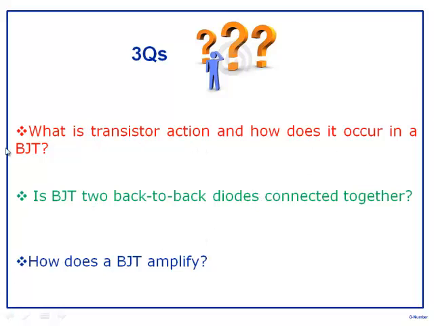Henceforth, I will simply call the bipolar junction transistor a BJT. A BJT is called bipolar junction because there are two PN junction diodes. So one of the issues is, is a bipolar junction transistor simply two back-to-back diodes connected together? That's another question to keep in mind. And the third one is, towards the end, we'll see how a BJT amplifies. How does the transistor action lead to amplification?